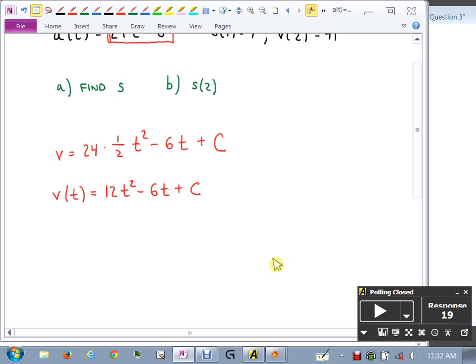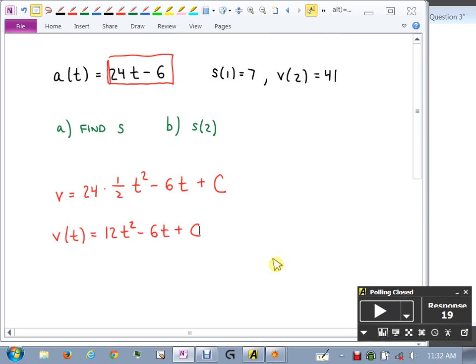And to do that, we're going to use that initial condition that was given right here, that my velocity at 2 should be 41. That means when I plug 2 in for t into that velocity function, it should spit out what value? 41. So that's what I'm going to do now.